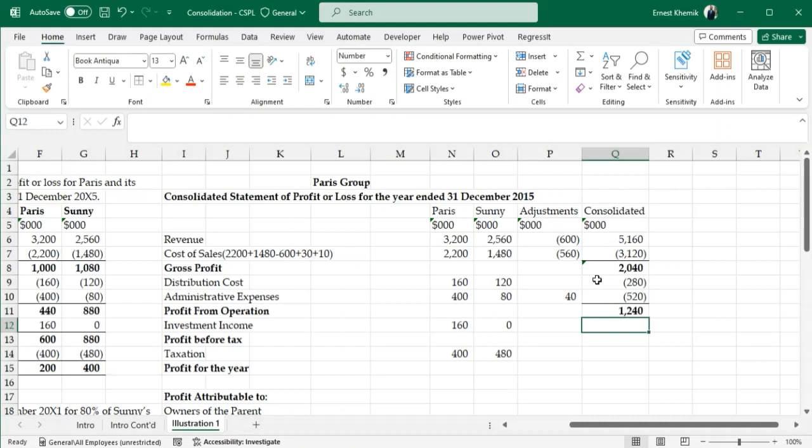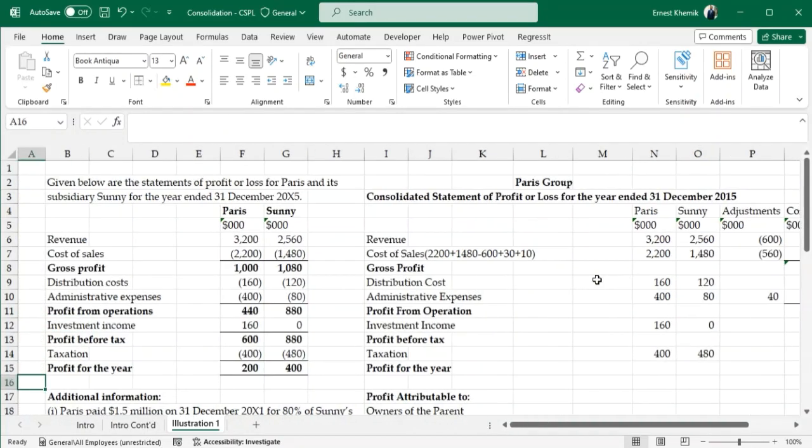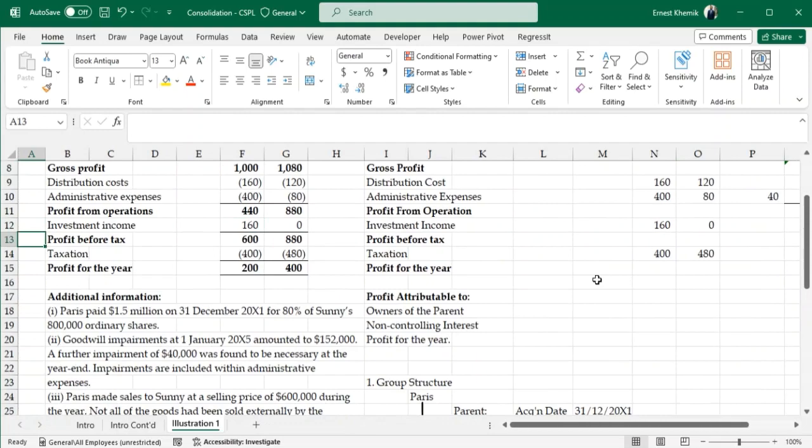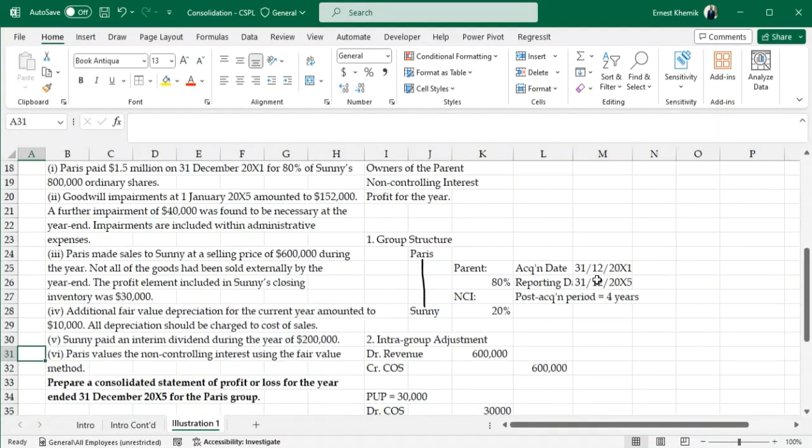Now this investment income of 160 is deemed as an intra-group transaction. Why? Because in the notes we've been told that Sunny has paid dividend during the year of 200,000.